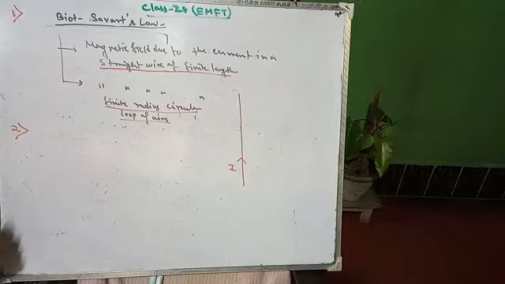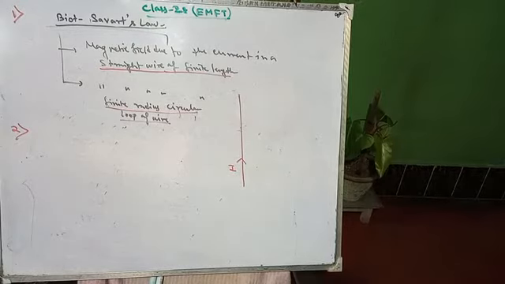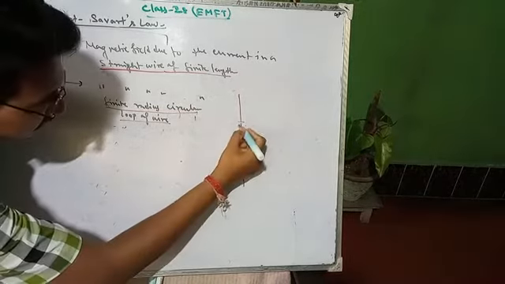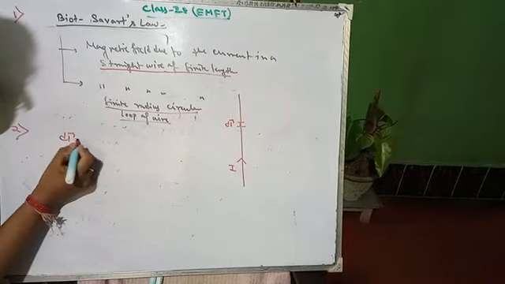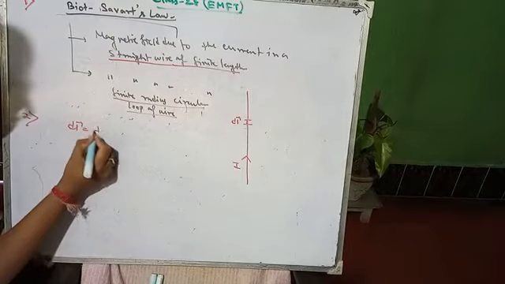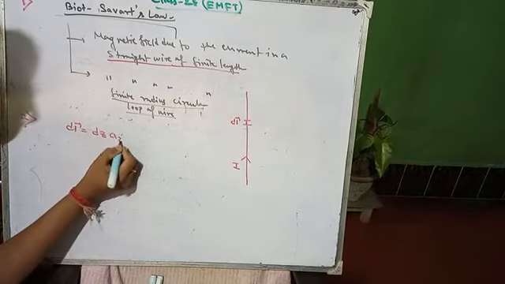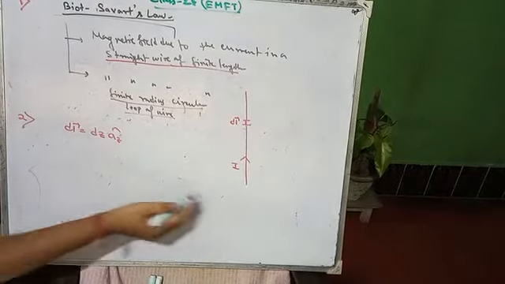The location of the source is represented by dz az cap. That means we are taking a differential length dl, which can be treated as the dl vector dz az cap, because we are taking it in the z direction.